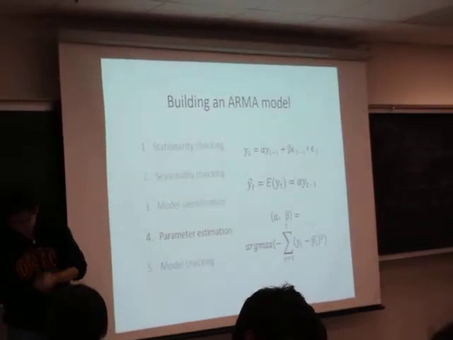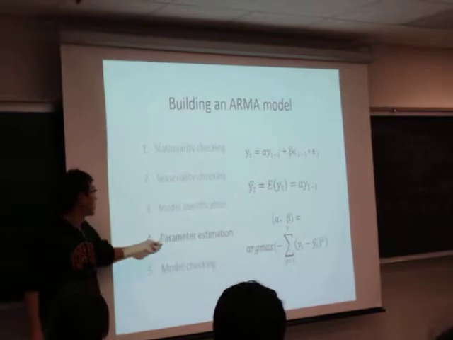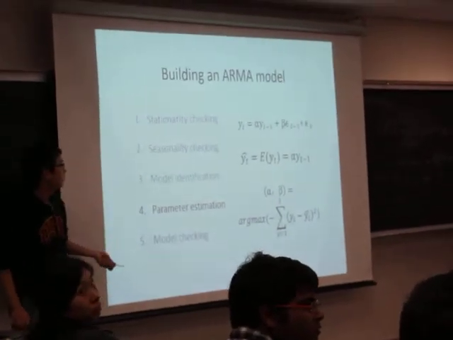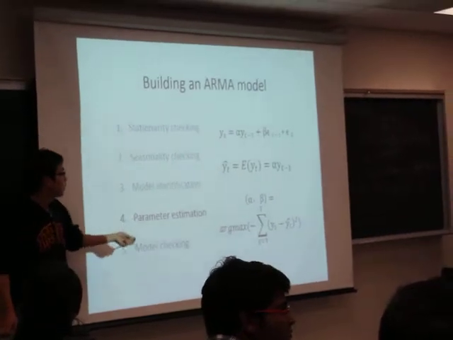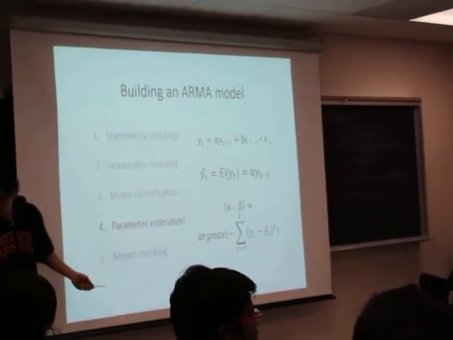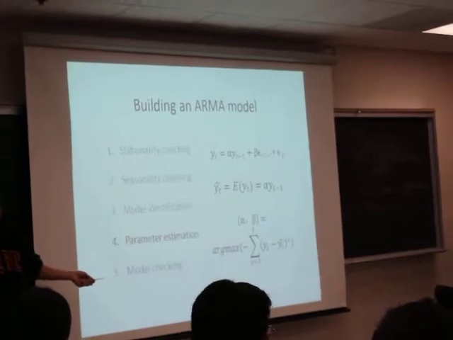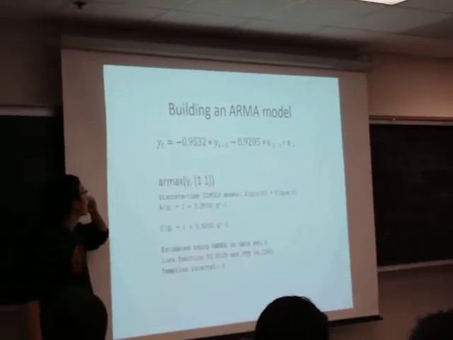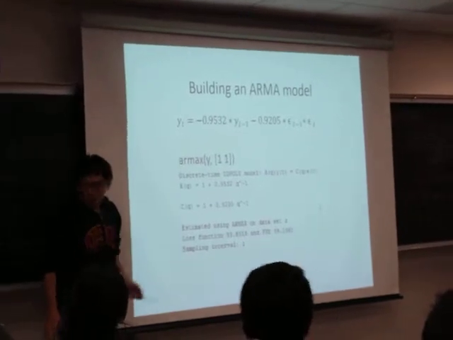The next step is parameter estimation for the ARMA(1,1) model, which is simply to minimize the sum of squares of the error, and we get our model, which looks like this.